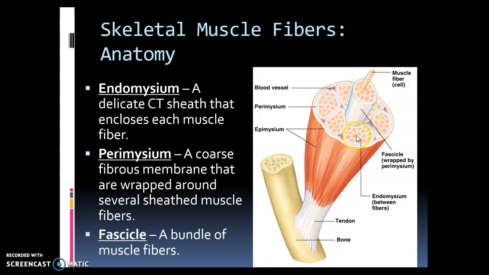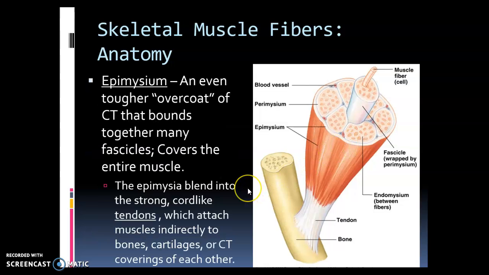So those little muscle fibers are held together by endomysium, which is surrounded by perimysium, which makes the fascicle. So this whole thing is surrounded by perimysium. All these muscle fibers are held together in here by endomysium. And that fascicle, like I said, is that whole bundle there, a bunch of muscle fibers.